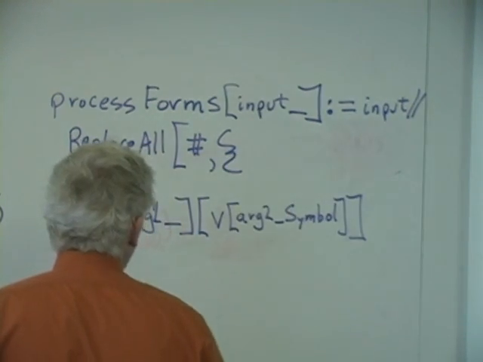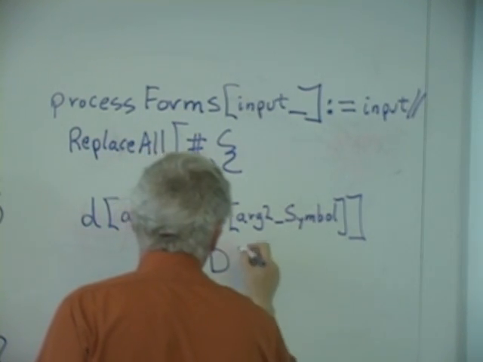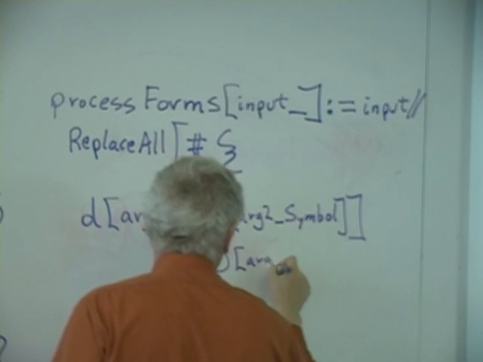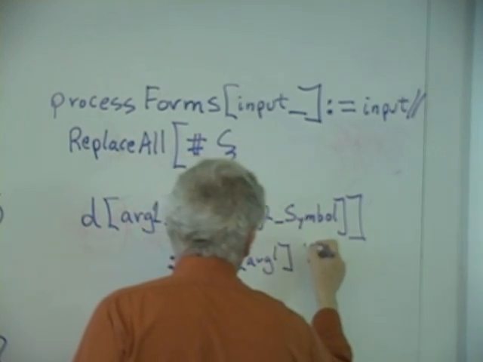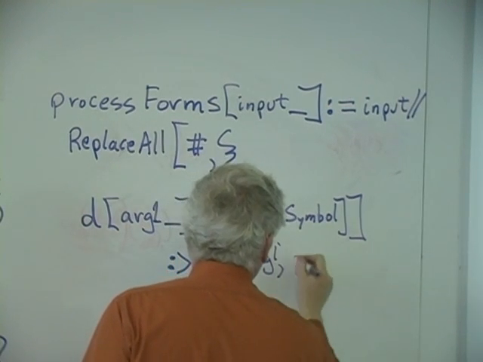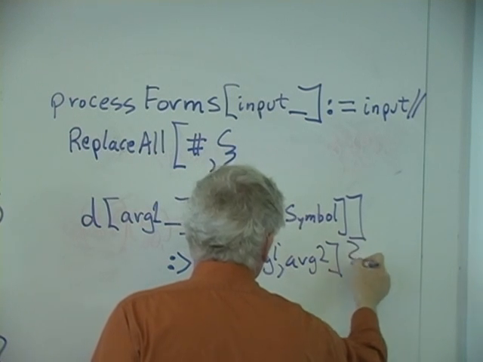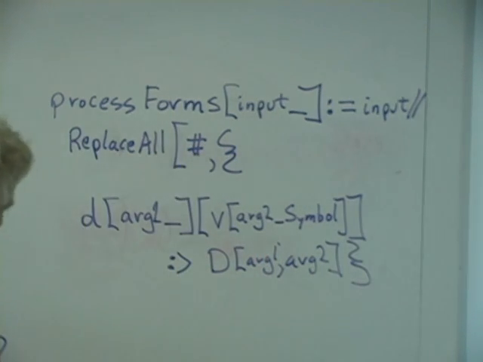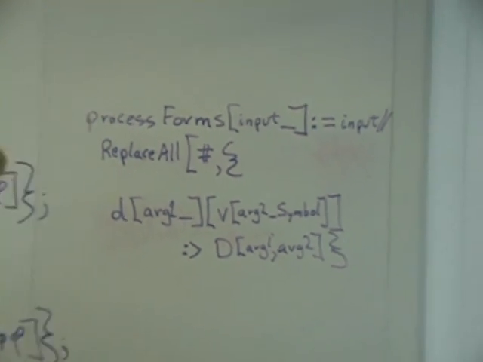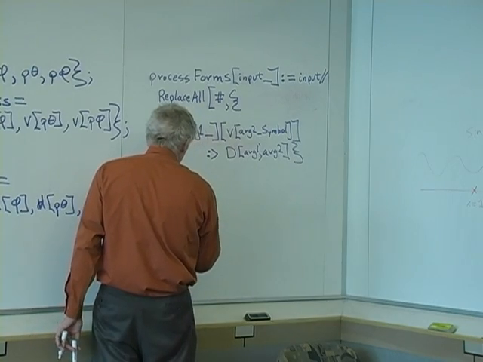When you see that pattern, replace it with the derivative of argument 1 with respect to argument 2. So that's a very explicit instruction.